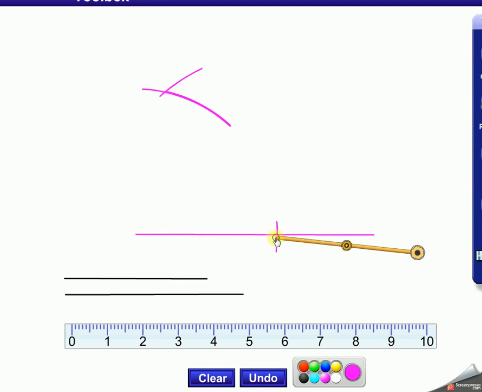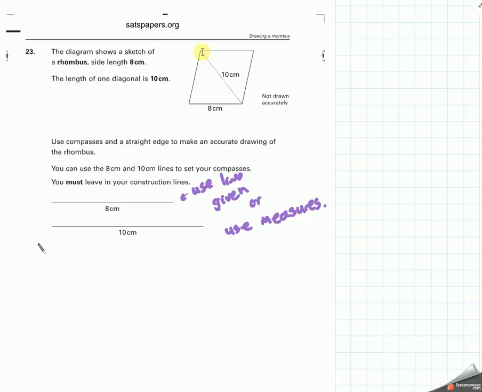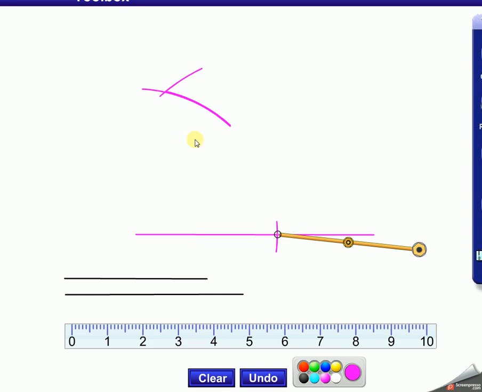Having got that, I can now do the other top sides of my rhombus. I can now do these two sides, which are both 8s. So I come round. I think the point apex is going to be somewhere there, and off the end of that one, construct down. And now all I have to do is draw in my rhombus.